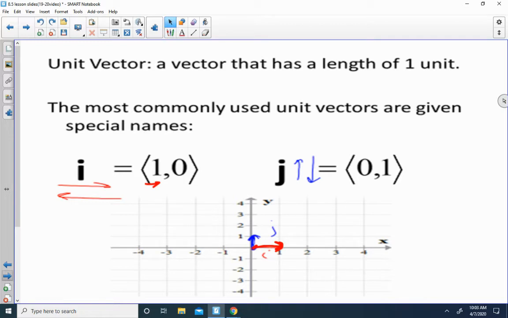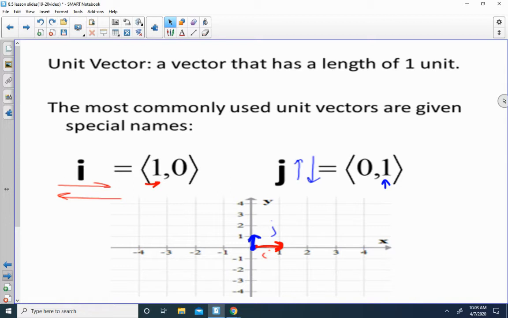The second unit vector is vector j. Again, it's 1 unit long, but this time it doesn't go to the right, it goes up 1. It doesn't go left or right, but it just goes up 1 unit. So again, they're called unit vectors because they're only 1 unit long, and they're different because of the direction that they point in. This is actually notation that is used a lot, especially in advanced mathematics, like calculus and engineering.